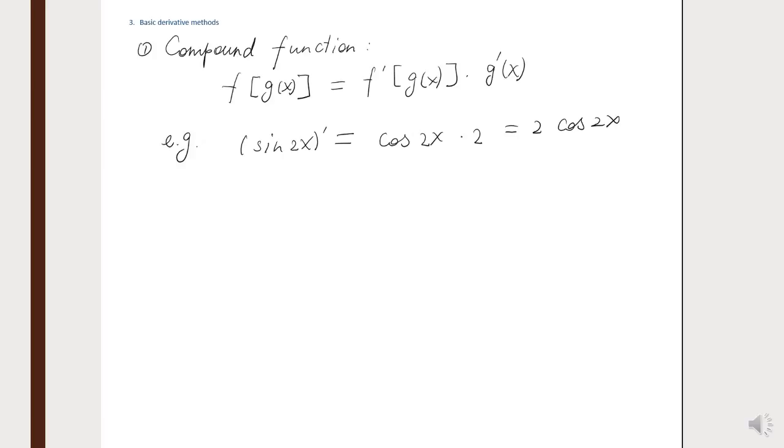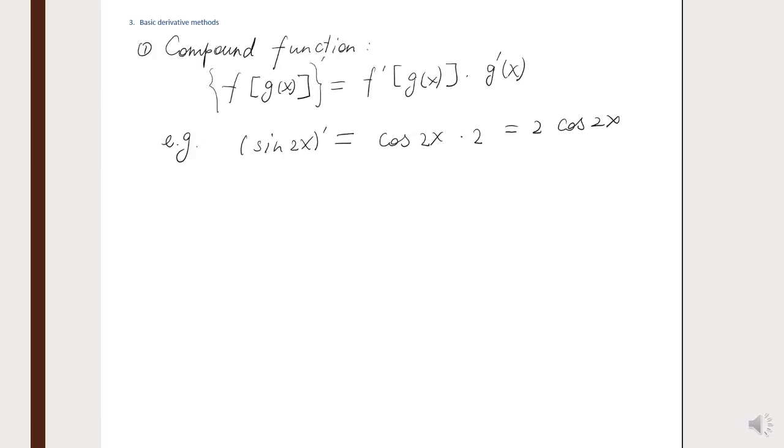So this time, if you want to find out the derivative of f(g(x)), we simply have to find out the derivative of f(x) first, and put g(x) in, and then find out the g(x)'s derivative. That sounds kind of abstract.